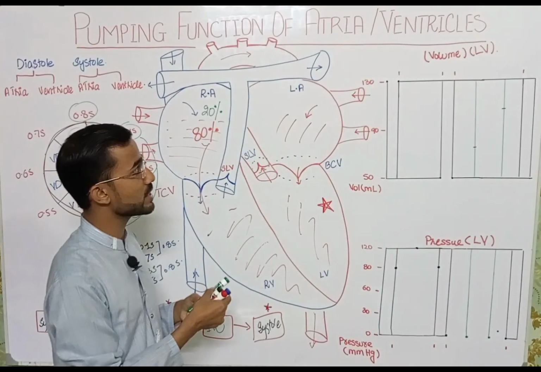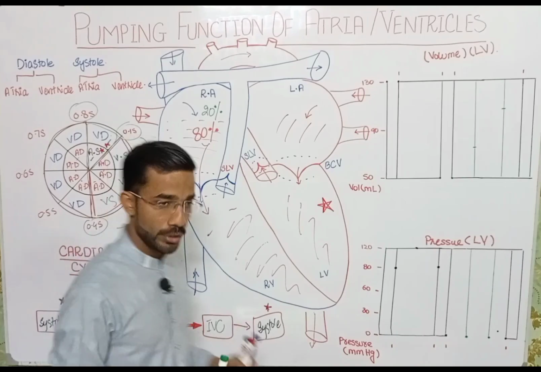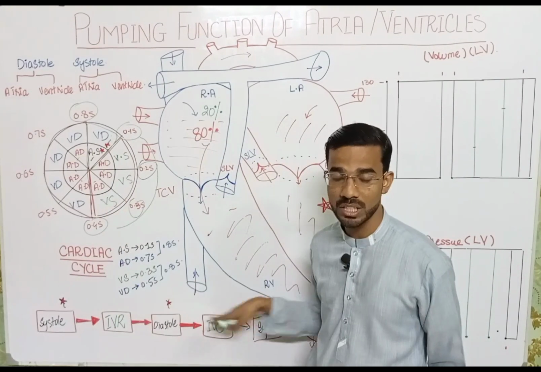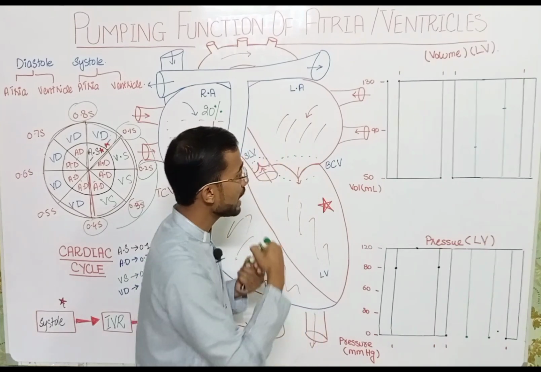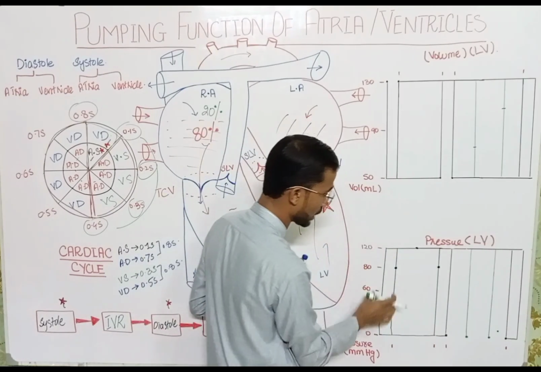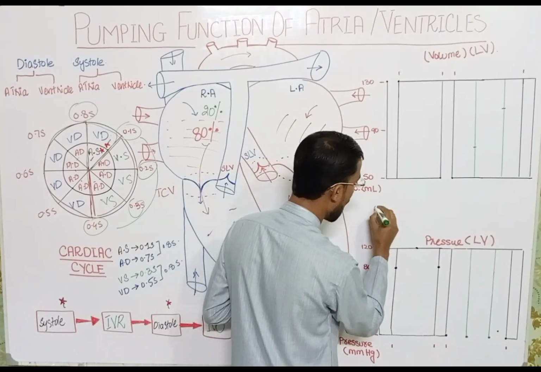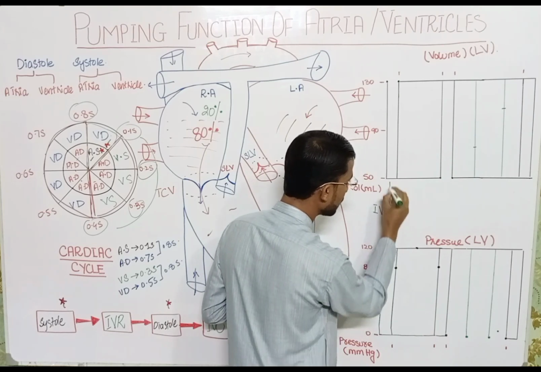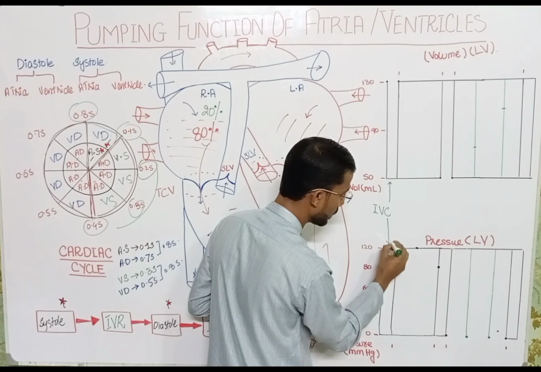Now, just remember the process of isovolumic relaxation. Here you see the first box is for the isovolumic contraction, on the upside and on the downside.